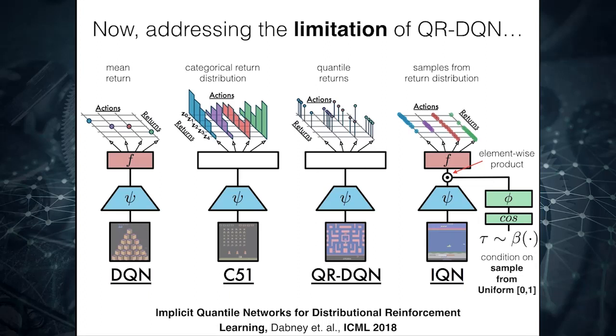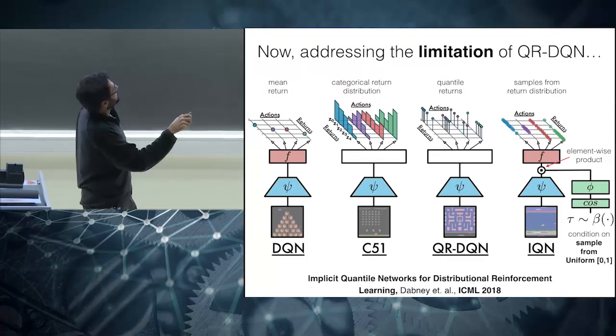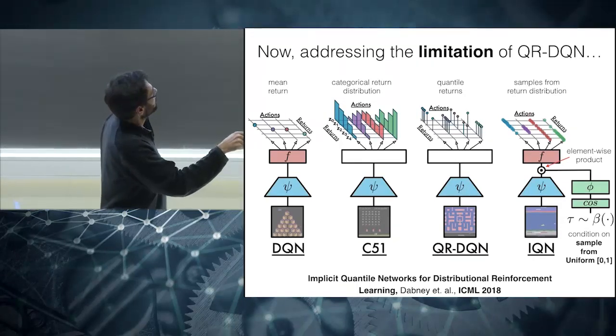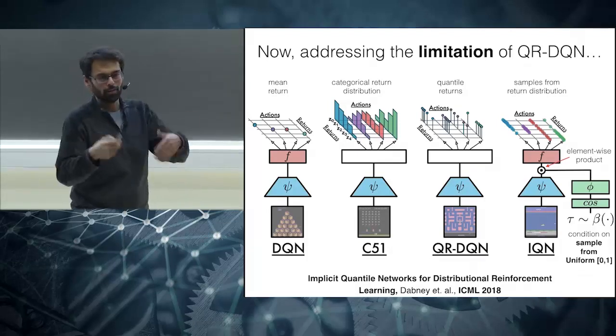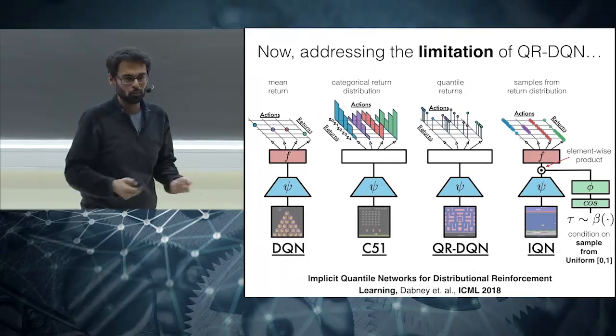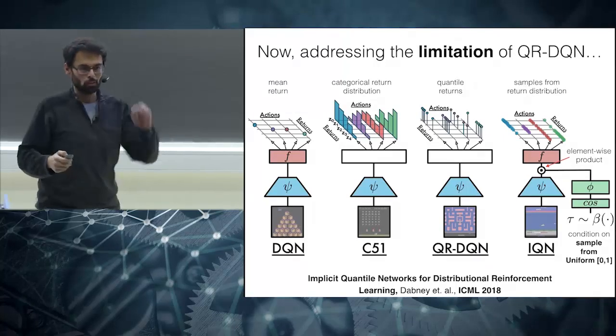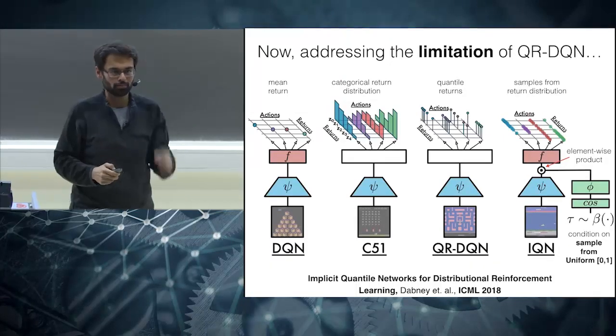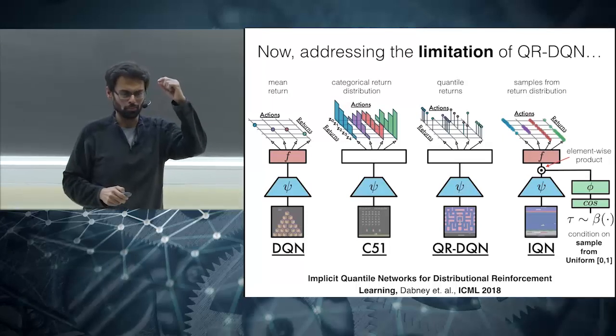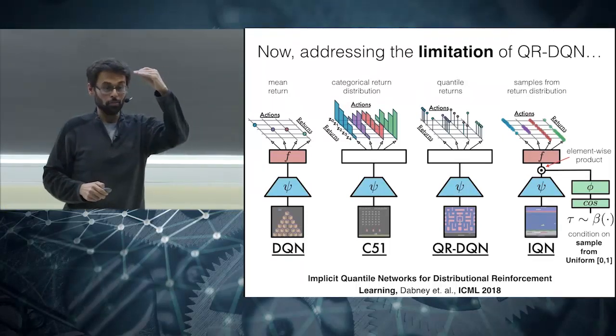So here, it essentially is a very simple change from DQN to implicit quantile networks. It's mostly the same, but there's an additional input here. It's a conditional distribution that you're learning. So here, we sample tau. Tau is just a value between 0 and 1, uniformly sampled. That just defines what quantile you want. Say if it's 0.5, then that means you're looking for the median.